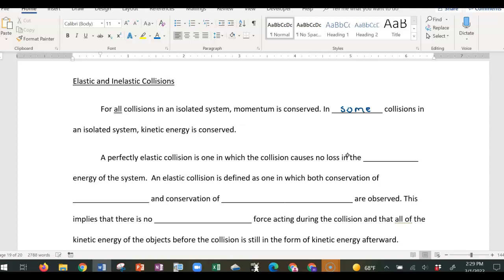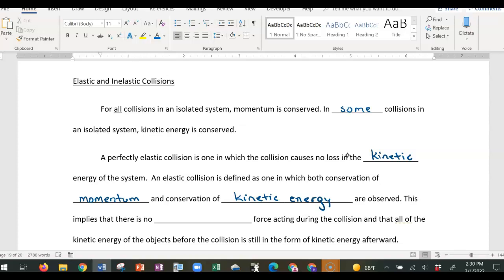A perfectly elastic collision is one in which the collision causes no loss in the kinetic energy of the system. An elastic collision is defined as one in which both conservation of momentum and conservation of kinetic energy are observed.